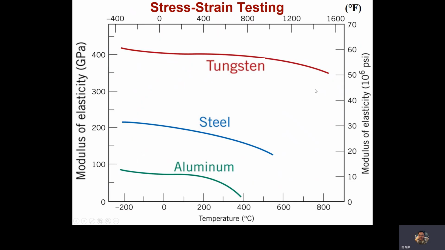Okay, so let's compare Young's modulus versus temperature. If we compare three different metals, tungsten, steel, and aluminum, what does the figure tell us?